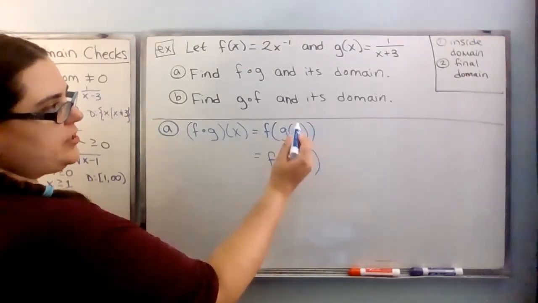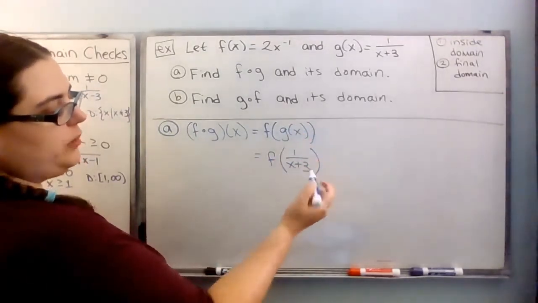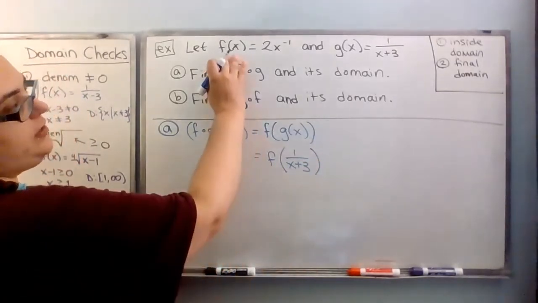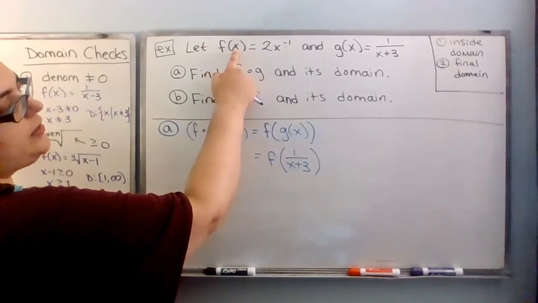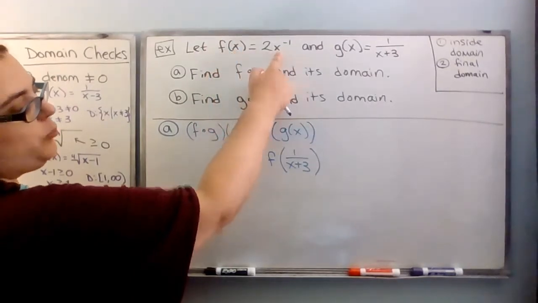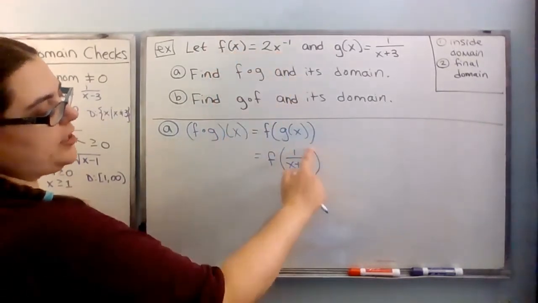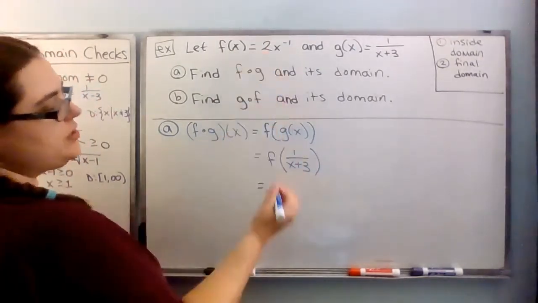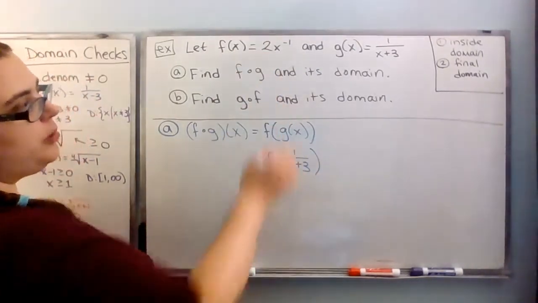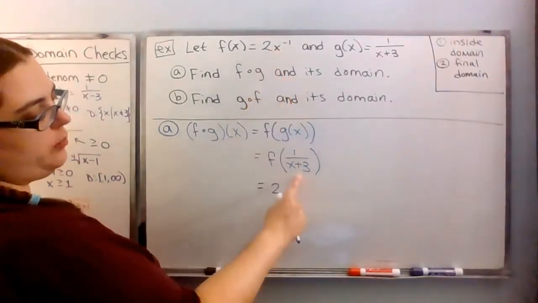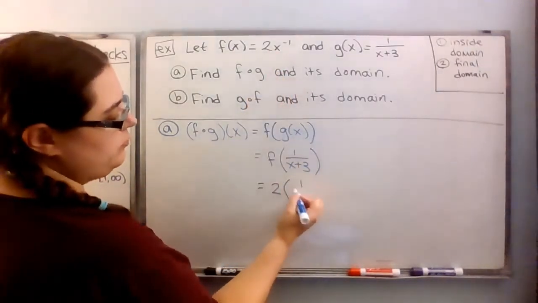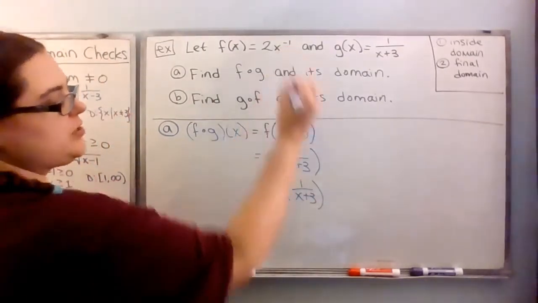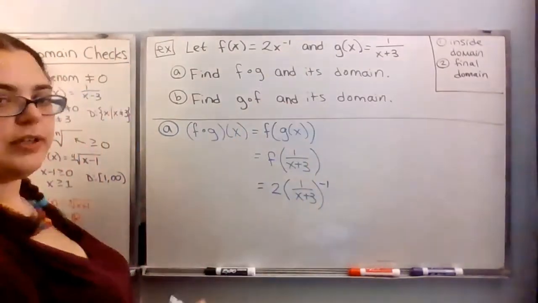Now I'm going to go to my function f of x, and wherever I see an x in the function, I'm going to replace it with this 1 over x plus 3. So the 2 stays the same, but now the x is going to become 1 over x plus 3. And then I have this minus 1.